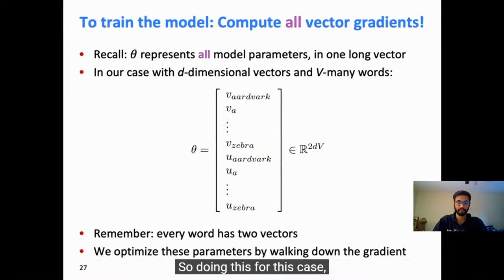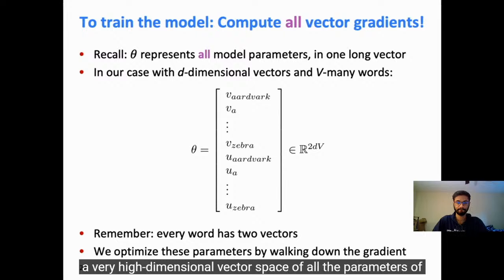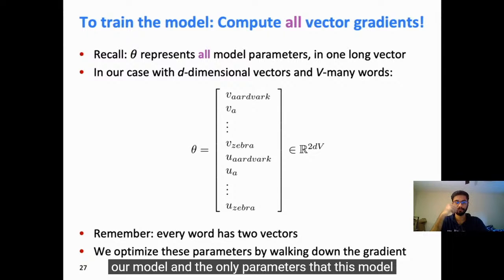So doing this for this case, we want to make a very big vector in a very high dimensional vector space of all the parameters of our model. And the only parameters that this model has is literally the vector space representations of words.